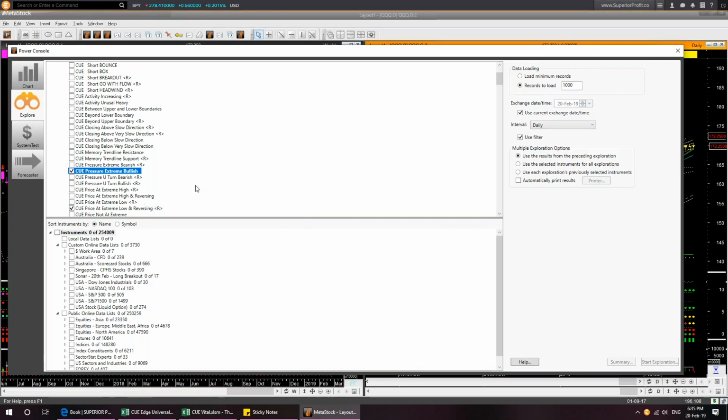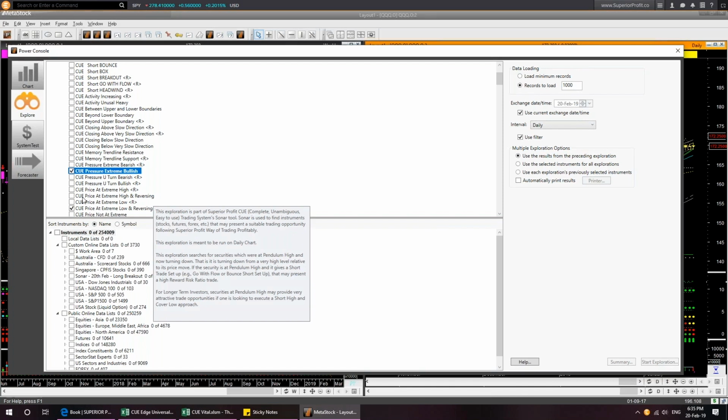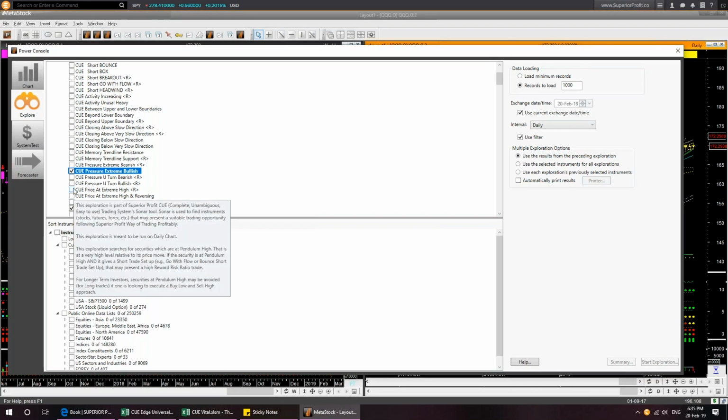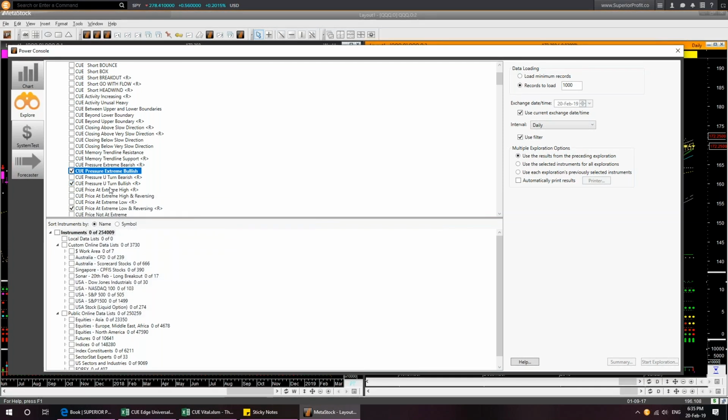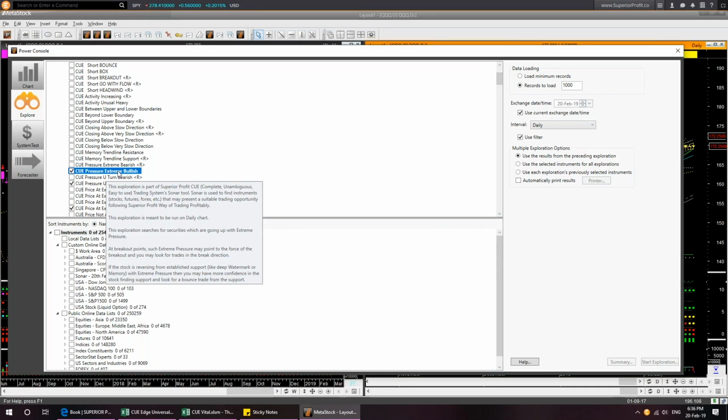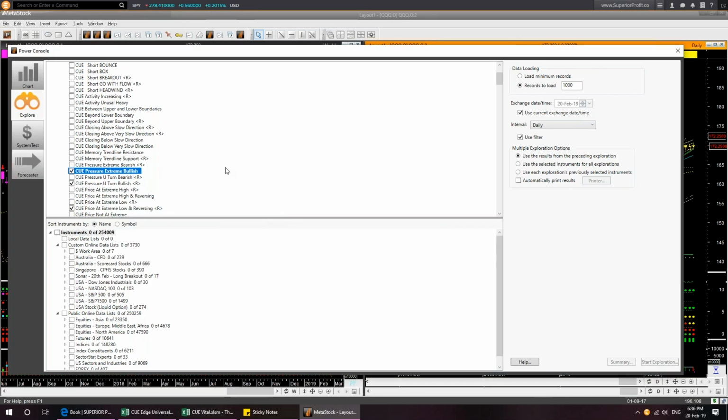And you can make the stock even more bullish if you have Q pressure U-turn bullish. U-turn bullish means it was extreme bearish pressure earlier, now it is turning into bullish pressure. So that is even more stringent criteria than finding stocks with extreme bullish pressure.